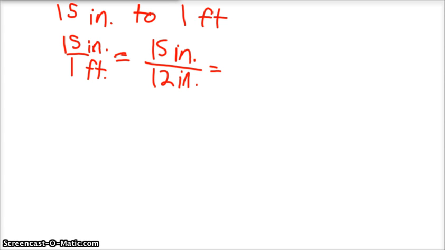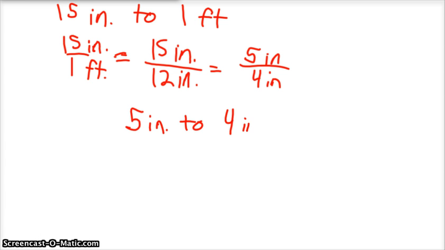So 15 divided by 3 is 5 inches. And 12 is 4. So we end up with 5. Our ratio is 5 inches to 4 inches.